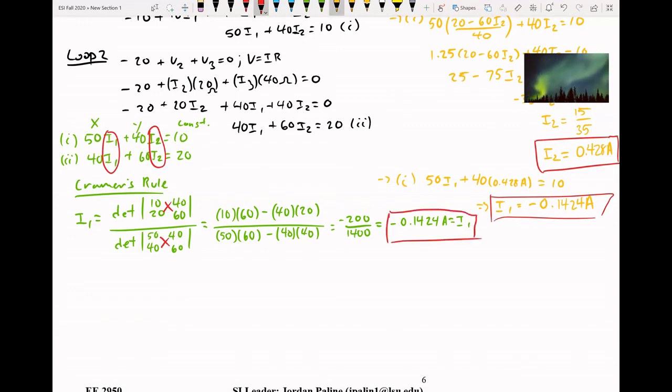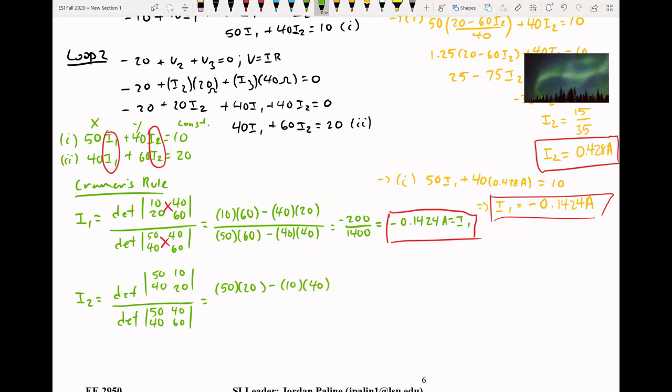And then if we go over to I2, determinant of 50, 40, 10, 20 over determinant 50, 40, 40, and then 60. So this will be 50 times 20 minus 10 times 40. This will be 50 times 60 minus 40 times 40.